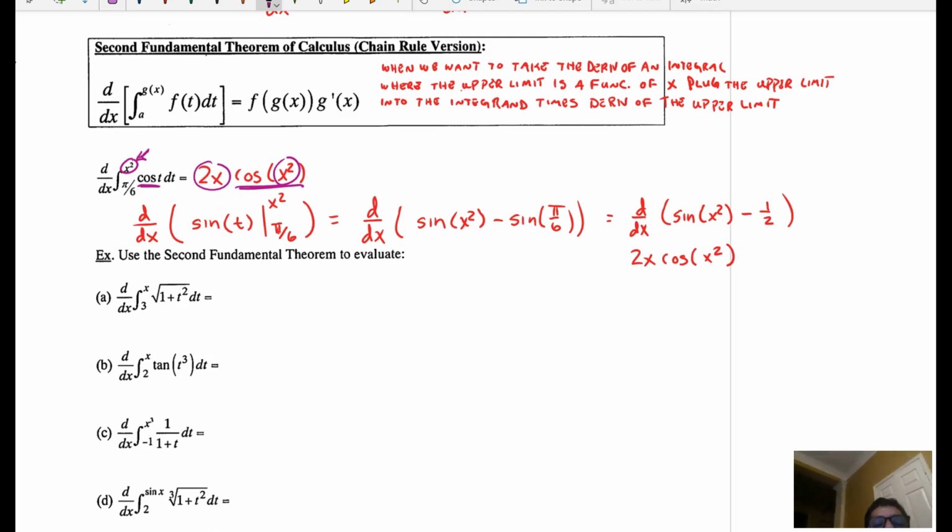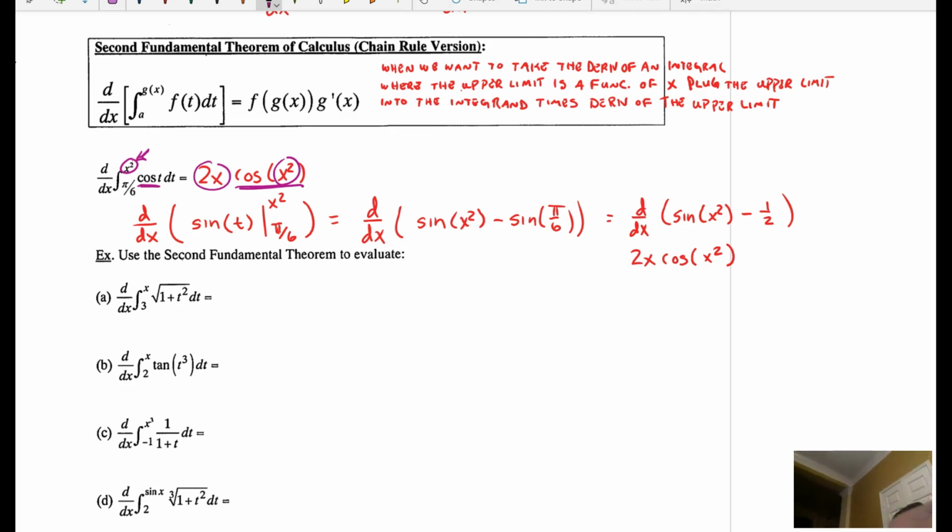And so that's what it says in the box. When we want to take the derivative of an integral where the upper limit is a function of x, we plug the upper limit into the integrand times the derivative of the upper limit. That's also what this formula says.